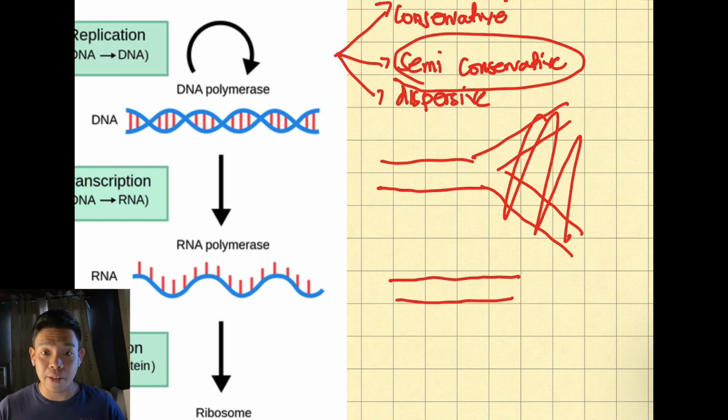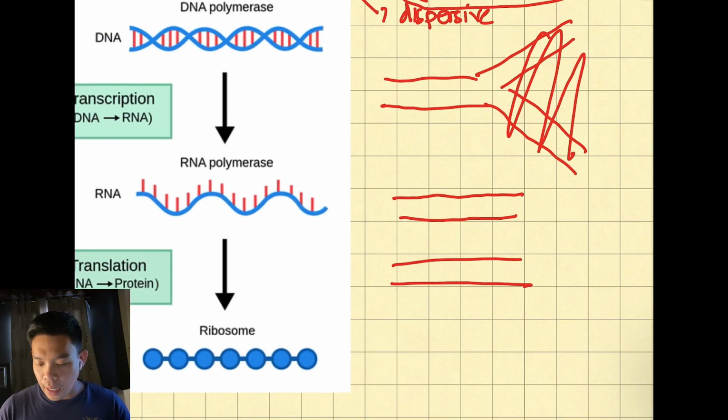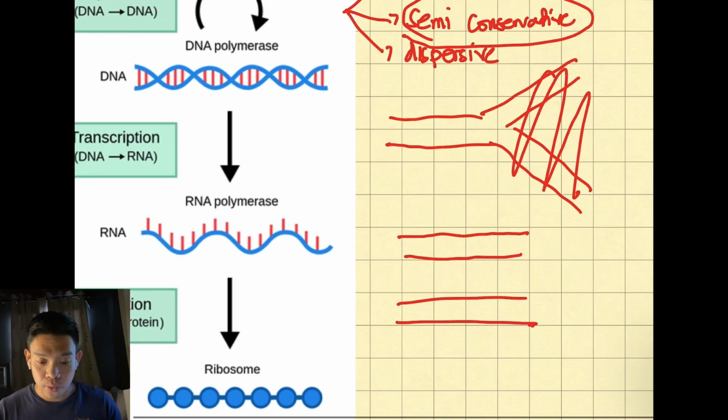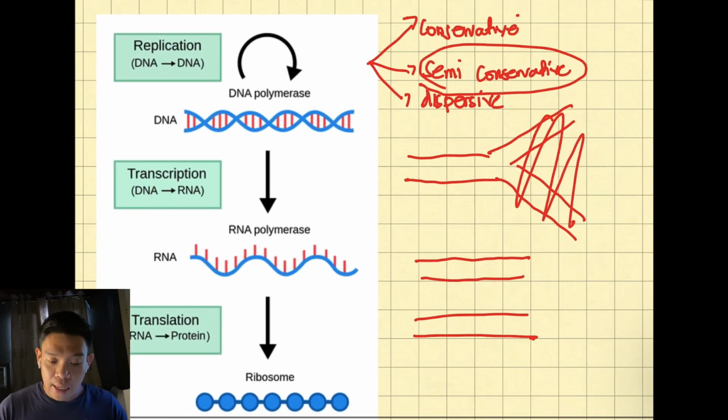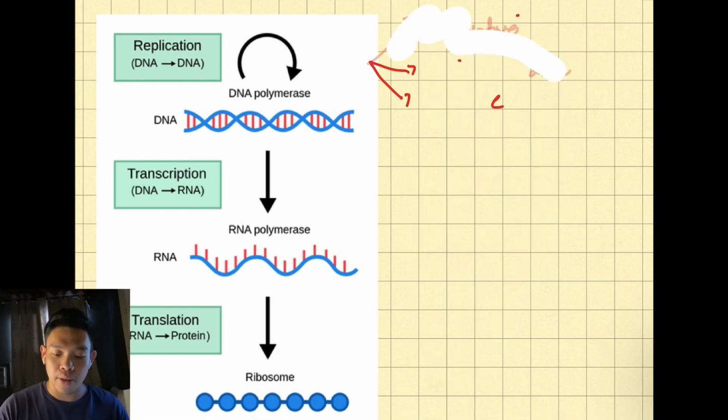And how does the DNA replicate? Dispersive. If the DNA replicates, then the DNA itself will disperse into a series of pieces of the molecule, which is indeed, again, the DNA replicating through a process of semi-conservative manner.